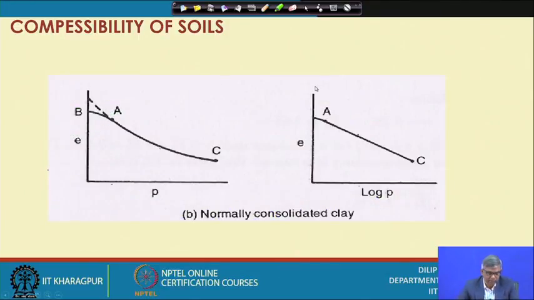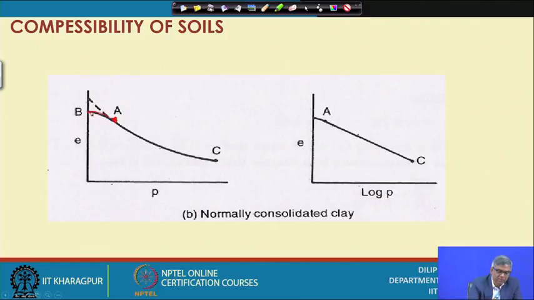So, you can see here, as I have mentioned, this is the path reached up to this point, and suppose at this point is the existing overburden pressure. Suppose it is a 10 meter depth, and from 10 meter depth I have taken the sample. When you remove the sample, there is a pressure release, and because of that the volume of the sample increases, suppose to here.